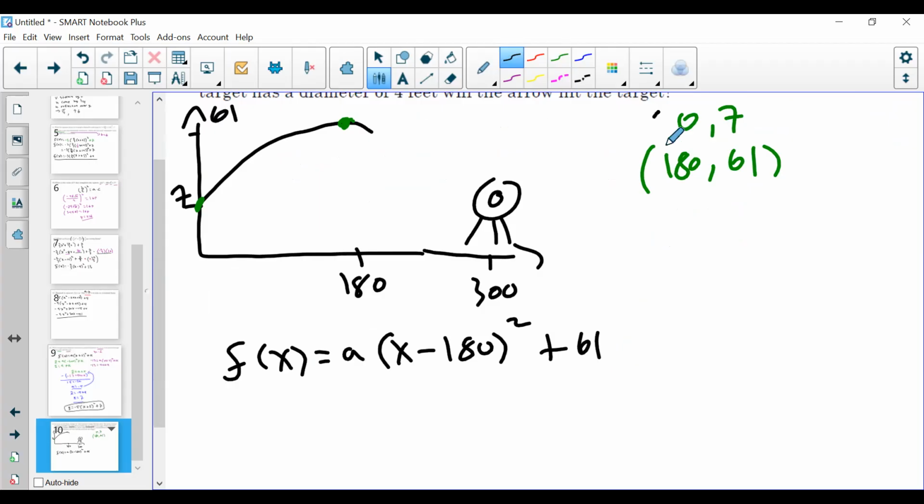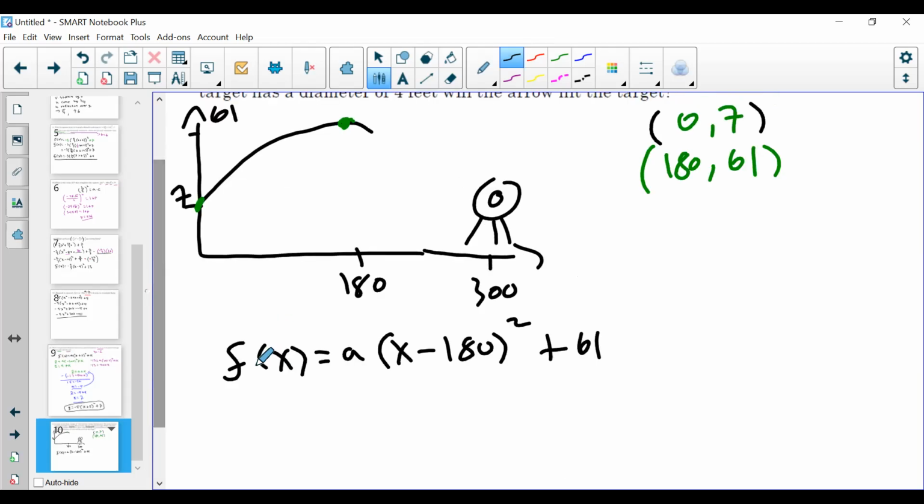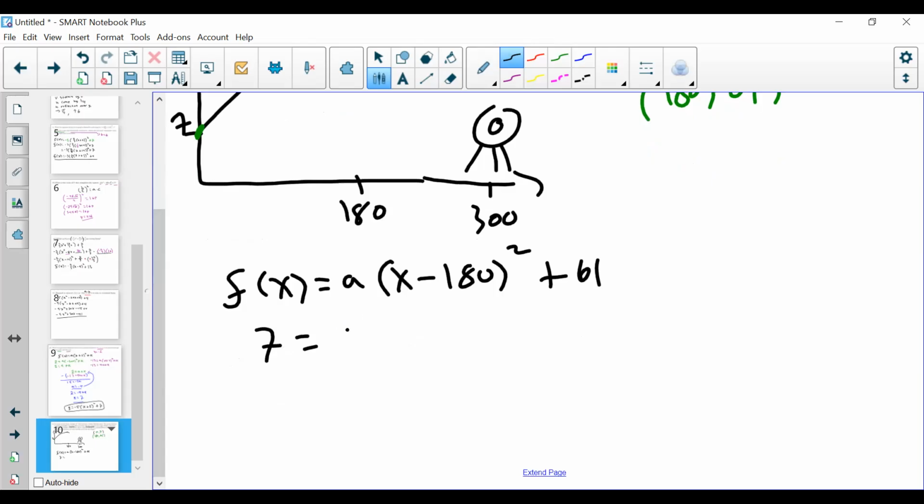Then I can use the point (0, 7) to plug in and solve for my a. So when my y is 7, my x is 0. So I have a times 0 minus 180 squared plus 61.